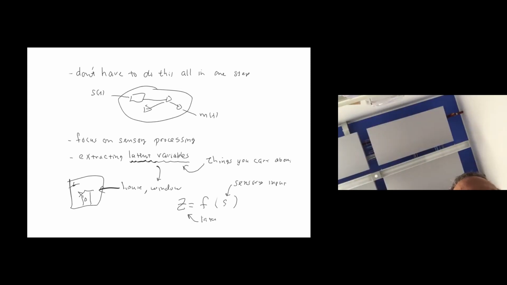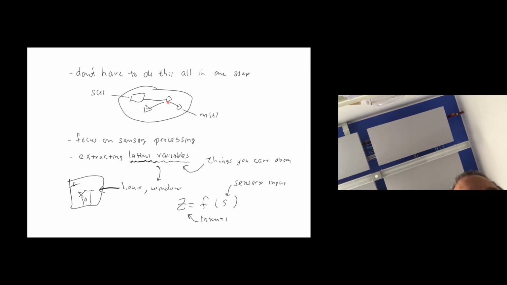This is a step that we believe animals and humans do. It's almost for sure we do that. You can imagine some network that just takes sensory input and goes straight to motor output. Almost for sure we take the intermediate step of extracting latents, and these latents are what get passed around here. So let's just think of that problem.